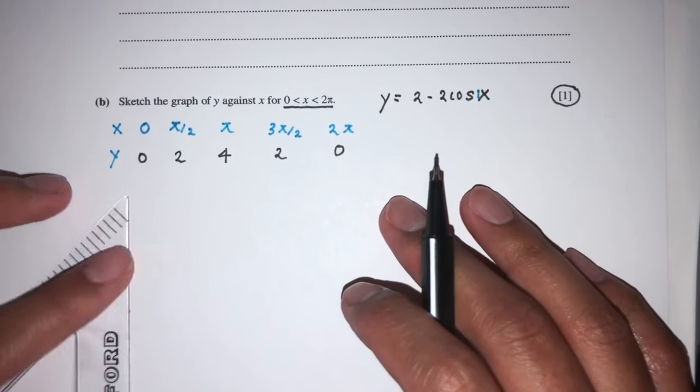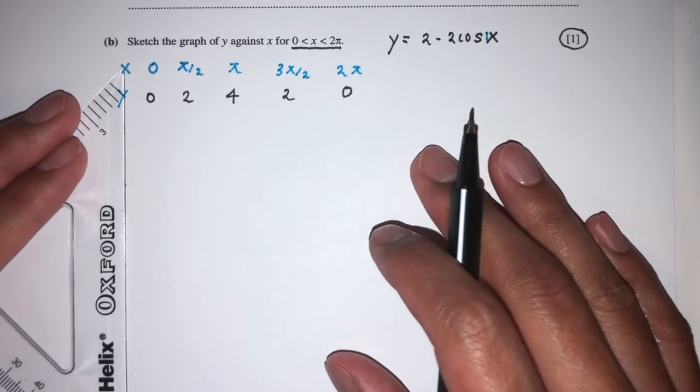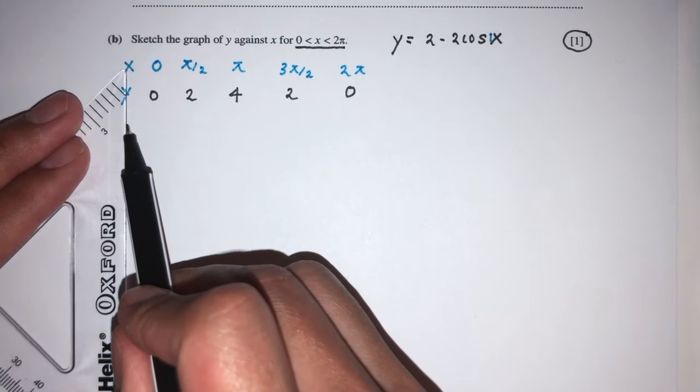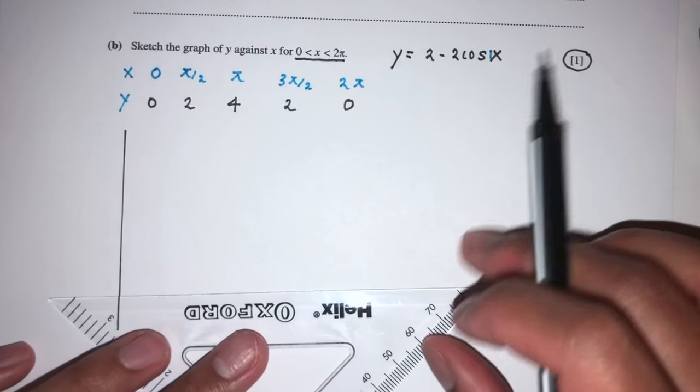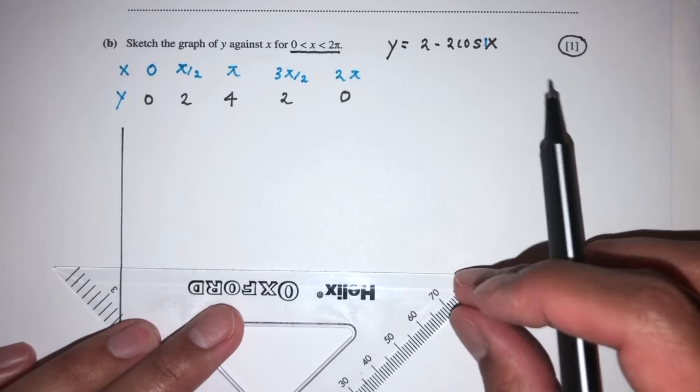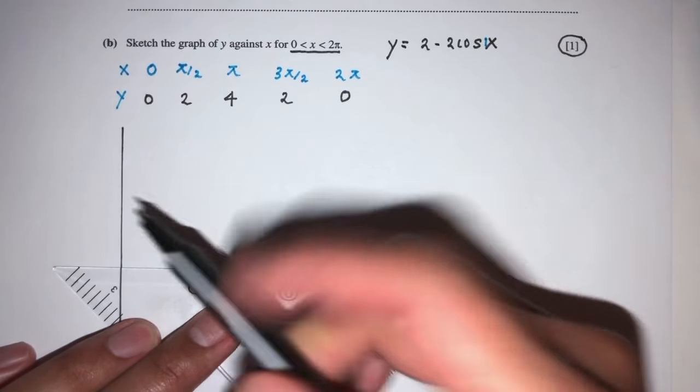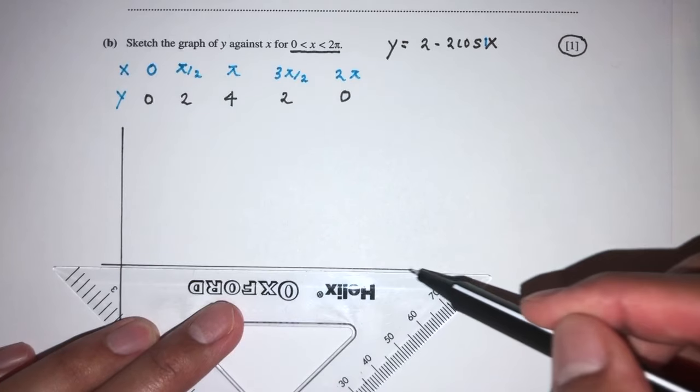Let me just draw the axis real fast. Since this one is only a sketch, we don't need to be exact with the values. We can try to make it as accurate as we can, but it doesn't need to be exact.